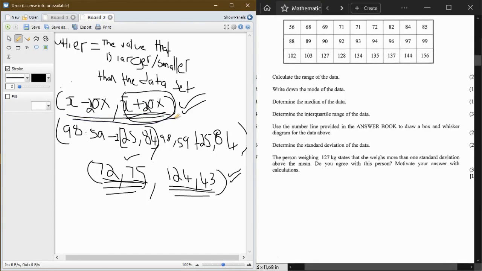I hope you guys really understand. So instead of, if they say more than 1 standard deviation, just know there's an invisible one. If they say more than 2 standard deviations, you will put a 2 before the sign of the standard deviation.